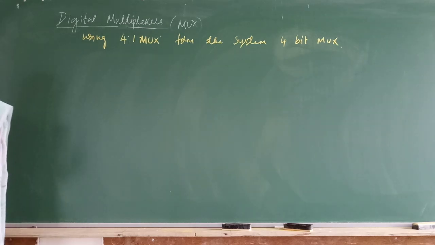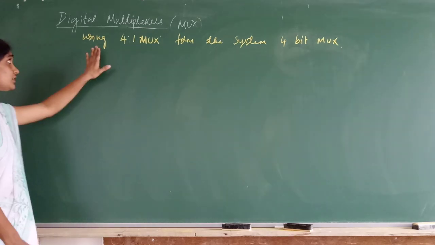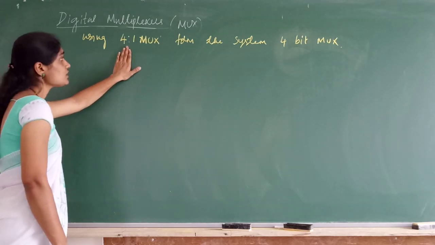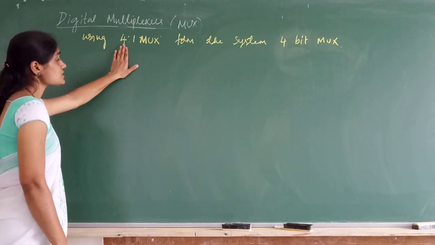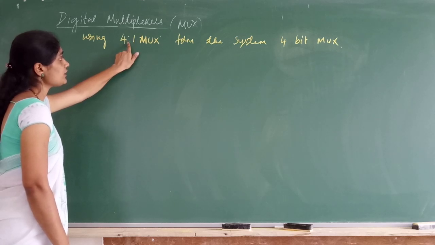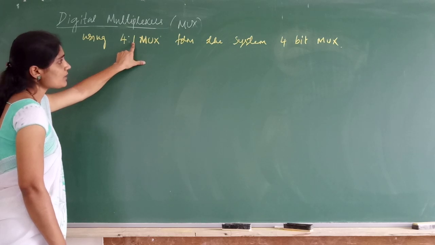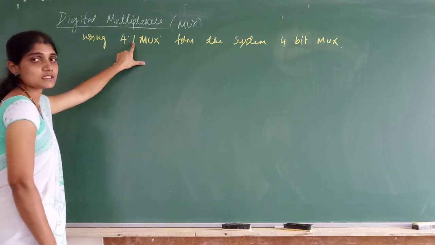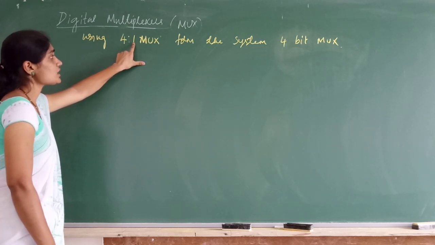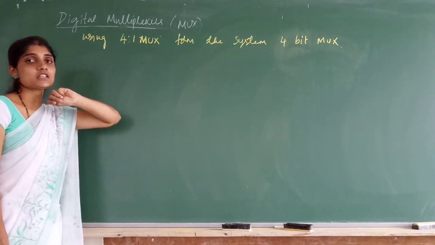If it is a 4:1 mux, what is the output we get? 1. It can be either D0, D1, D2, D3, 1 bit. But what is our question? Form a system with 4-bit mux. That means I need to get 4 outputs, 4 bits, a 4-bit destination.